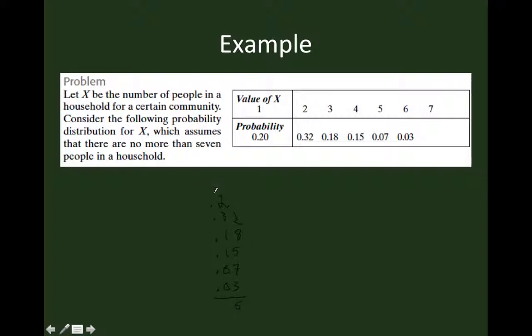Carry the 2. When I talk, you notice it won't write, so when I write, I have to quit talking. It's a little bit annoying, but that's what it is. All right, 2, 4, 3 is 7, 8, 9.